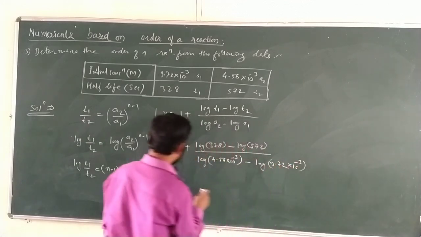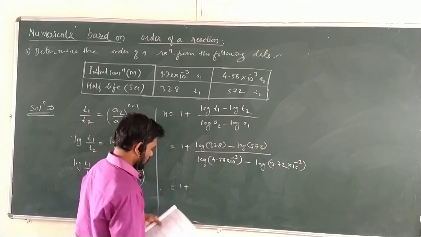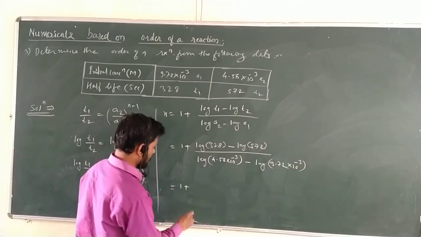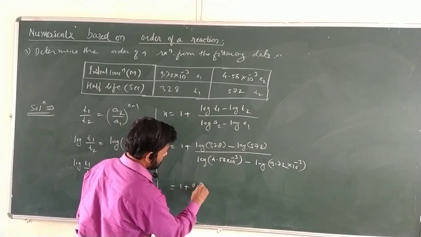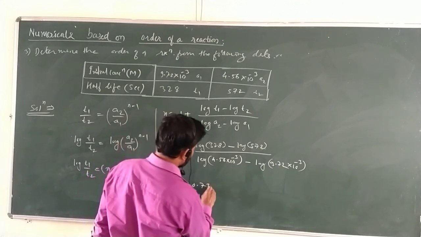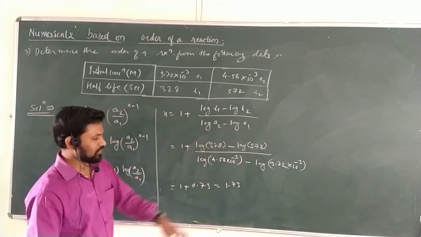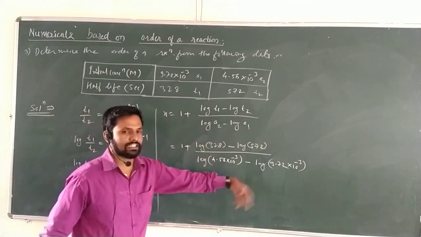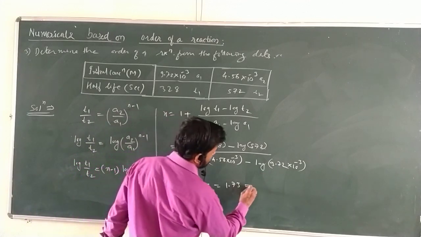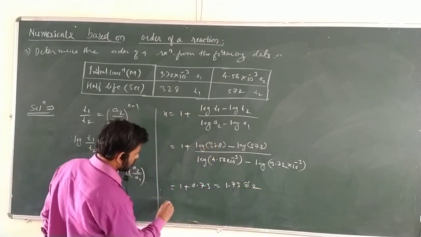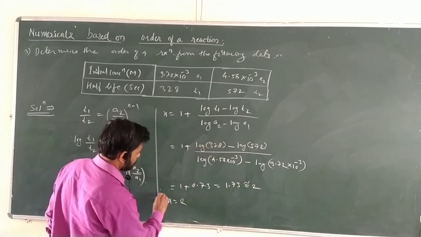You simplify it. After simplifying, you will get 1 plus 0.73, which is nothing but 1.73. We have to take the corresponding nearest value, so that becomes 2. So, therefore, n equal to 2 here.